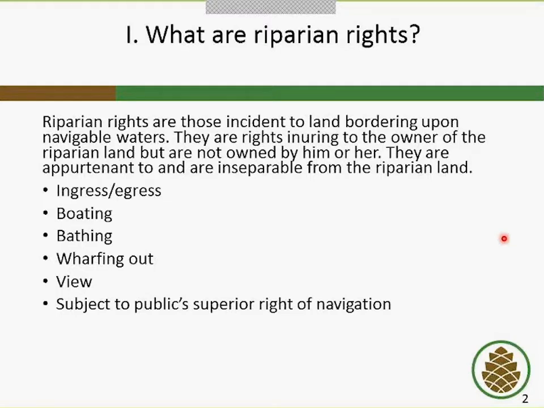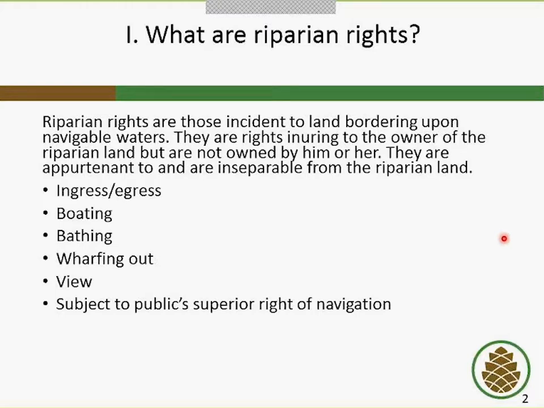But these are tough cases to litigate or to manage, because the right to a view does not mean the postcard, 180 degrees unobstructed view. If you're out there doing work, maybe building a dock or something along those lines, keep in mind that the person next door may have an issue with what is being put out there, but also understand that the right to a view is not an unobstructed view.